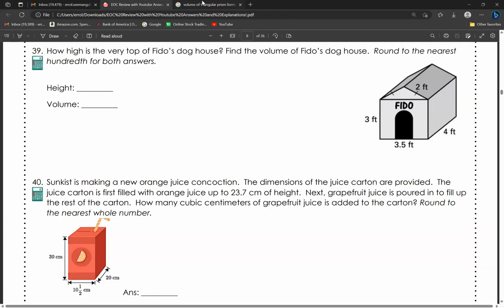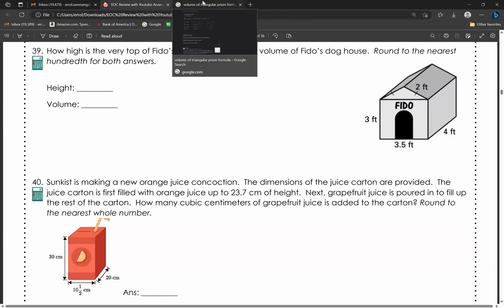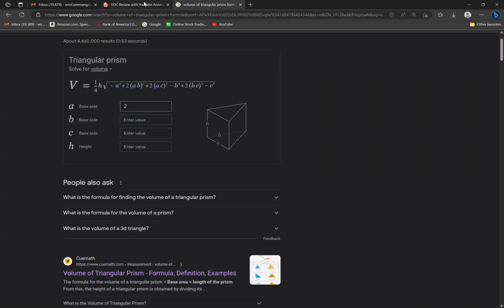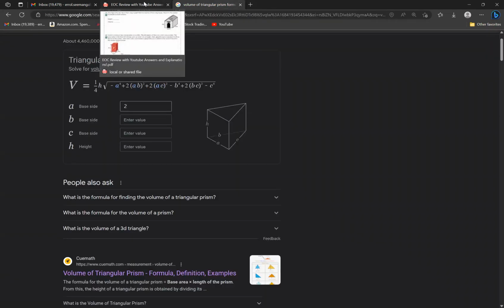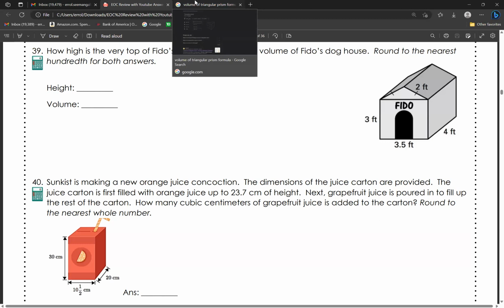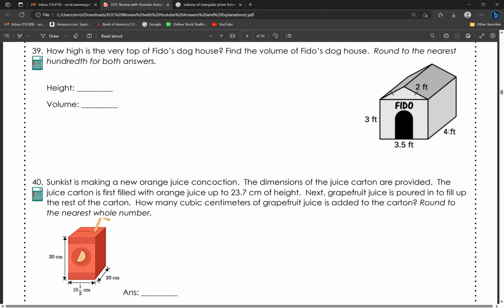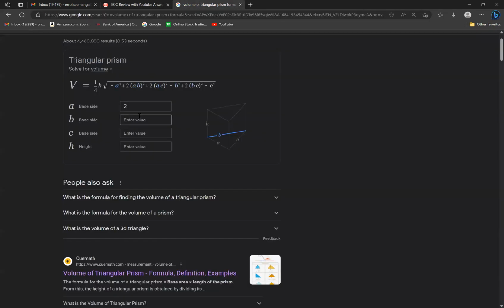What was the other one? The length. Okay, so they're saying base side. That's what, 2? Okay, the only one that it isn't is, so 2, 4, and 3.5.